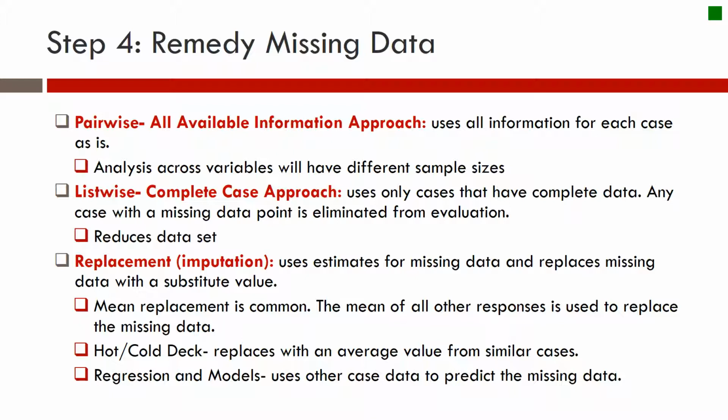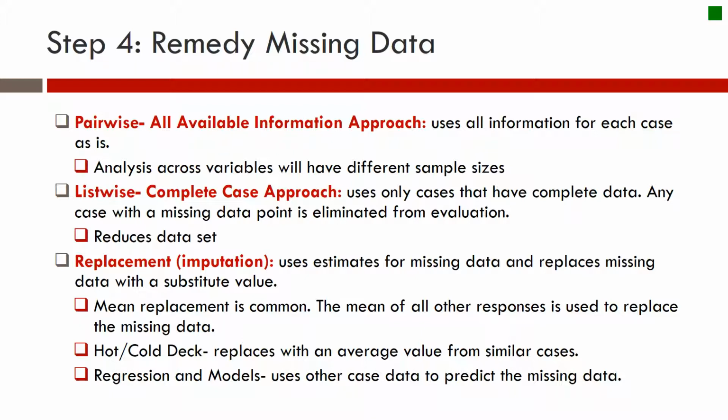The hot-cold deck approach is a little bit more challenging. What we do is we take each case and look at the missing data, and we look at other respondents who are very similar to the respondent who has the missing data.